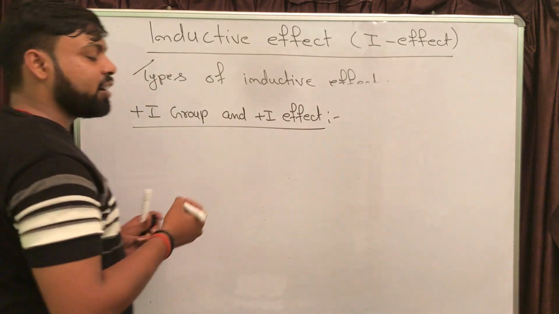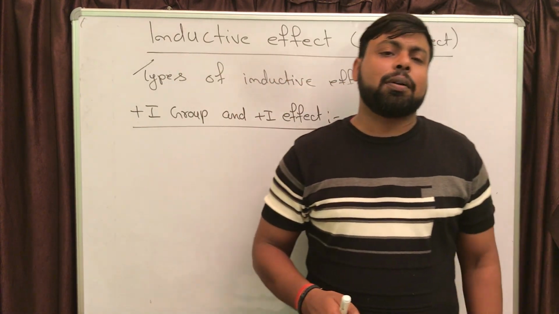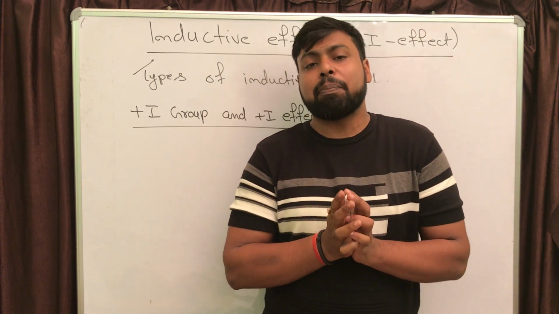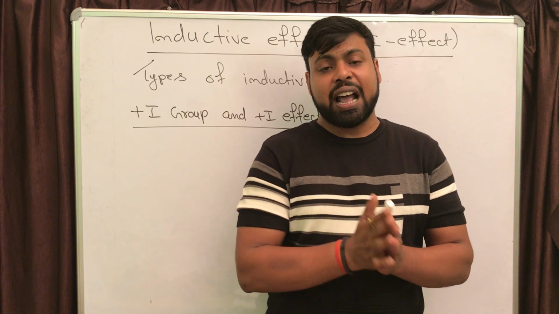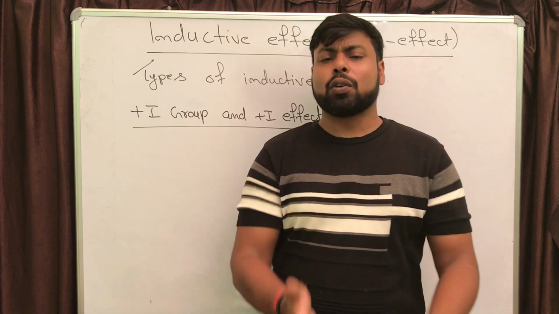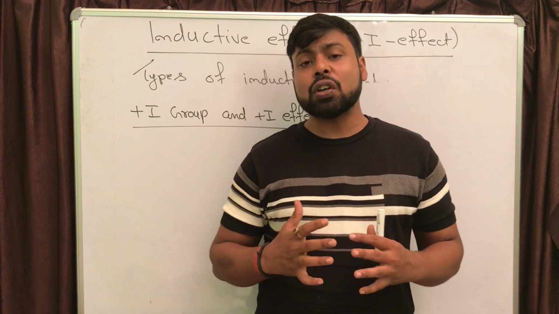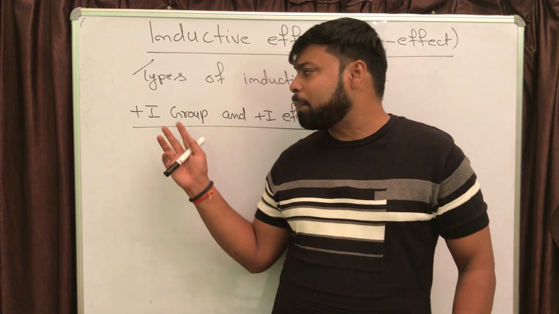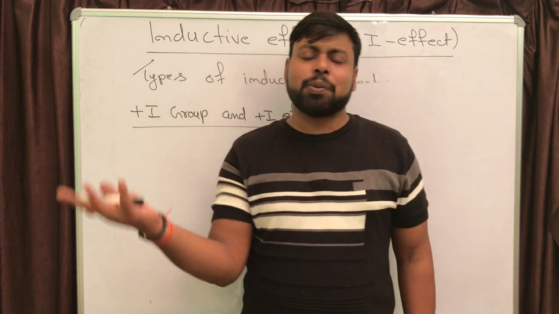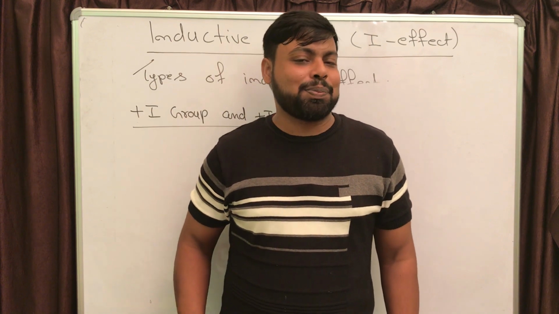If you want to understand what is plus I group and plus I effect, we can say that the portion of molecule which is donating its sigma bond pair electron is known as electron releasing group, electron donating group, and that particular group is known as plus I group. And because of donation of electron from the plus I group, the redistribution of electron effect appeared in the compound is known as plus I effect.